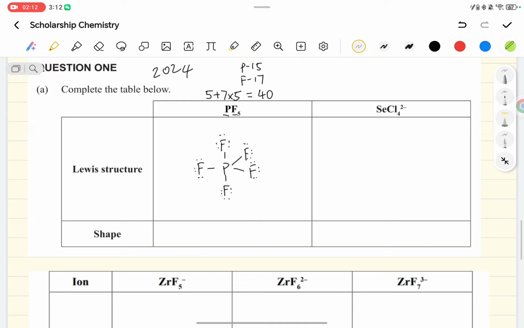And now let's compare it with the number of valence electrons our drawn structure has.